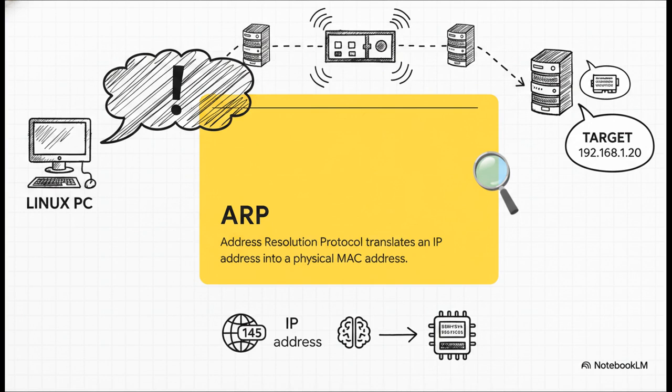To bridge this gap, Linux uses a broadcast protocol called ARP, or Address Resolution Protocol. It basically stands up in the middle of the local neighborhood and shouts, hey, who has the IP 192.168.1.20? Tell me your physical MAC address. The target device replies with its hardware address, and boom, communication can begin.